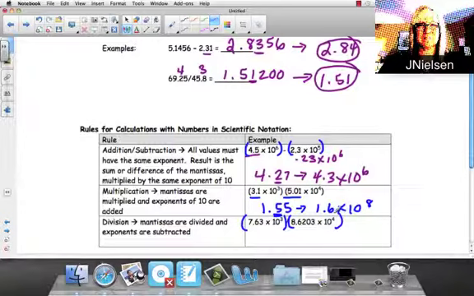Or they could be 1 gram per centimeter cubed if we're talking about a regular object. So you may have used these units in Earth Science.